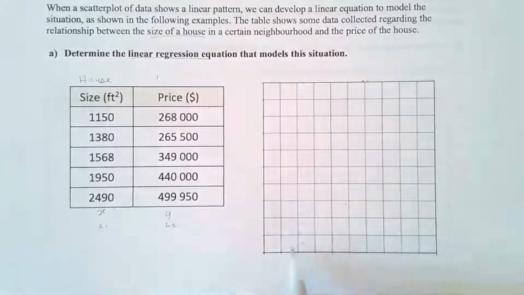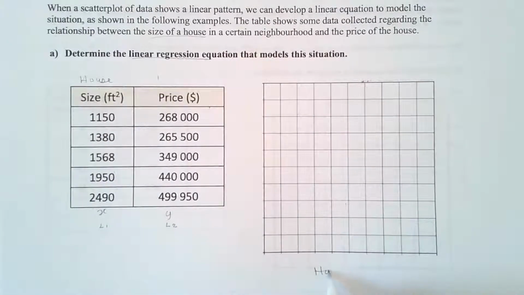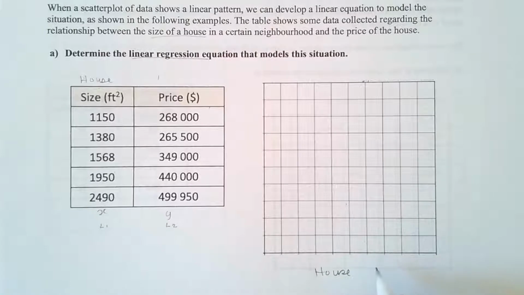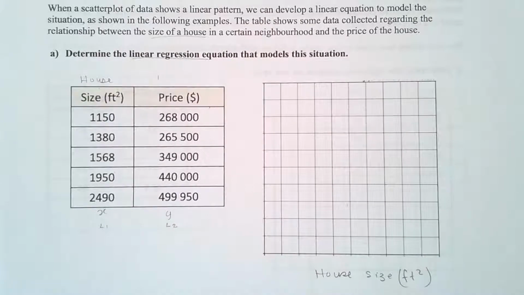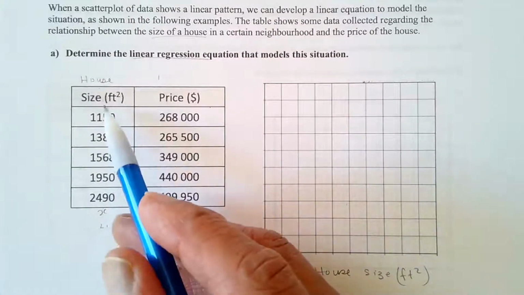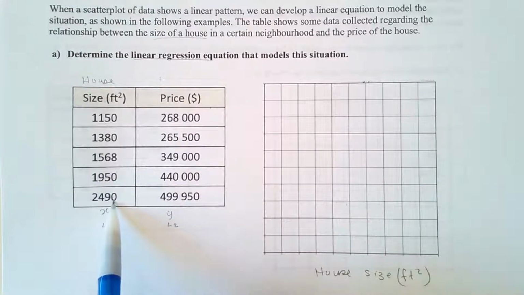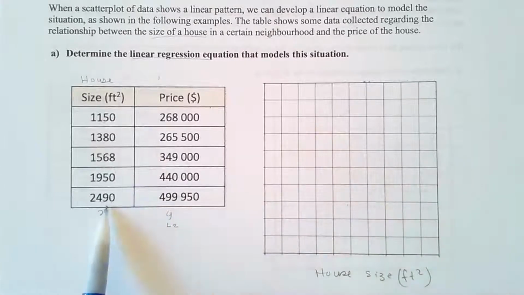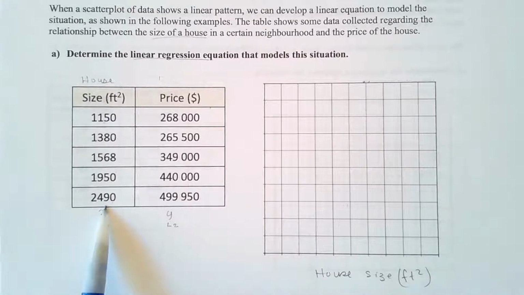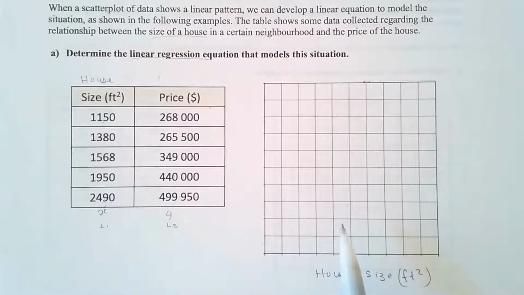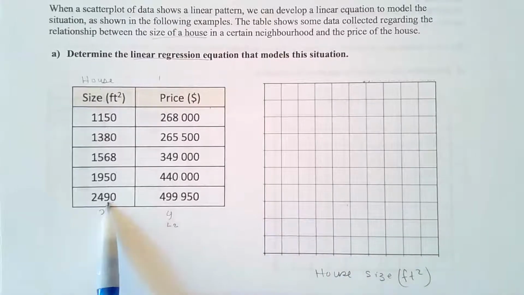Now, our x-axis is house size, so we label this house size, and it's in square feet. The minimum here is 1,150 and the maximum is 2,490, so approximately 2,500. We want to make our scale so it will go beyond 2,400.